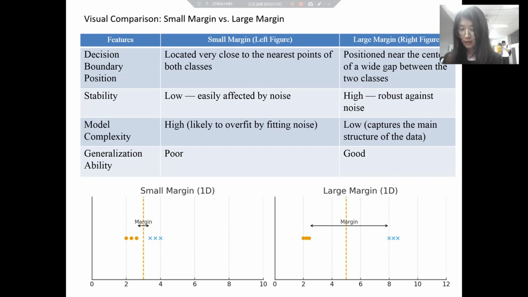It doesn't care about data points far from the boundary, only focusing on the most critical support vectors. This example perfectly illustrates the core idea of the maximum margin principle: to find a decision boundary that not only correctly classifies data but also maximizes its distance from the closest data points of any class.